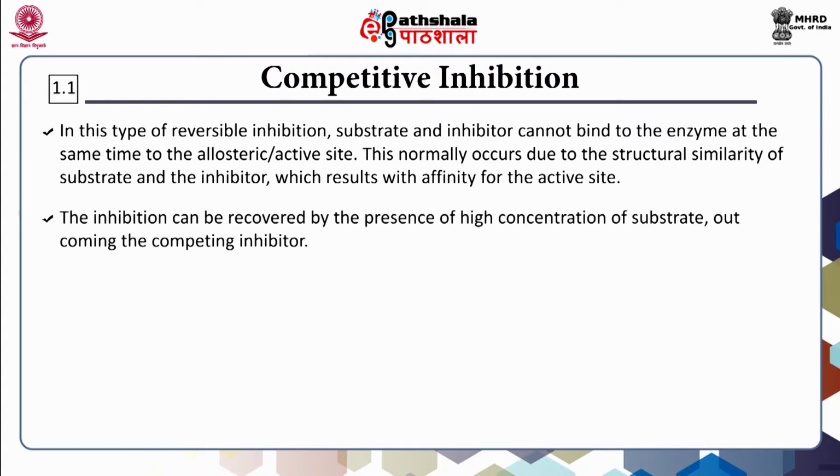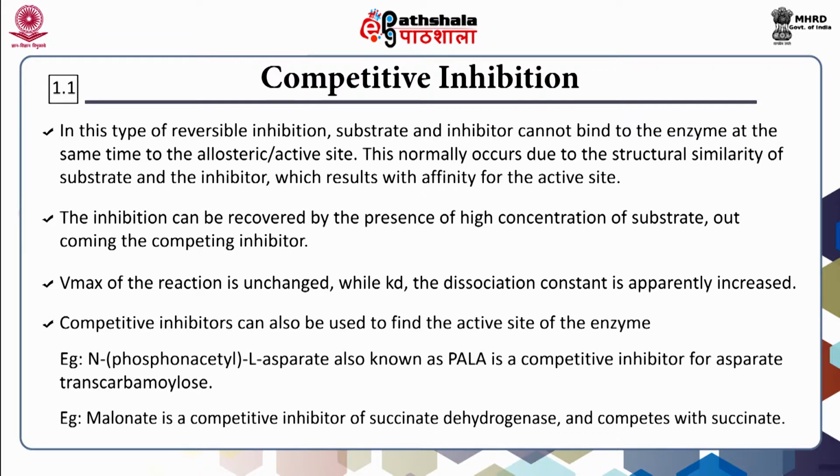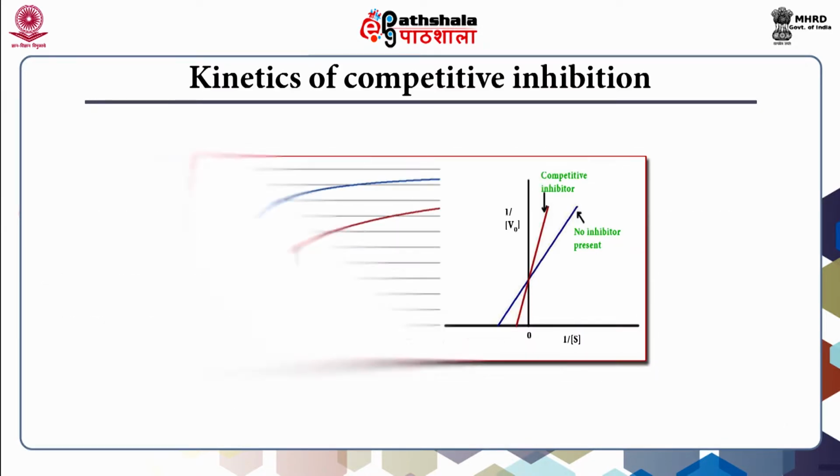The inhibition can be overcome by a high concentration of substrate outcompeting the inhibitor. Vmax of the reaction is unchanged, while the Km is apparently increased. Competitive inhibitors can also be used to find the active site of the enzyme.